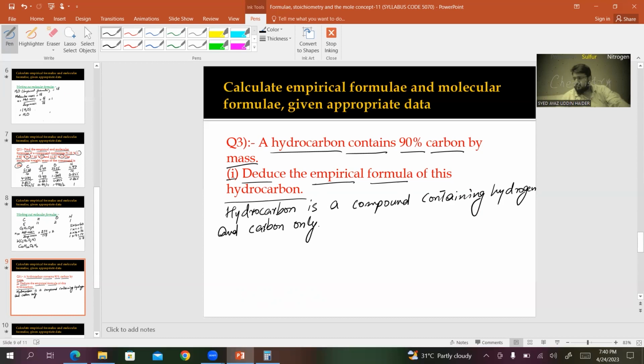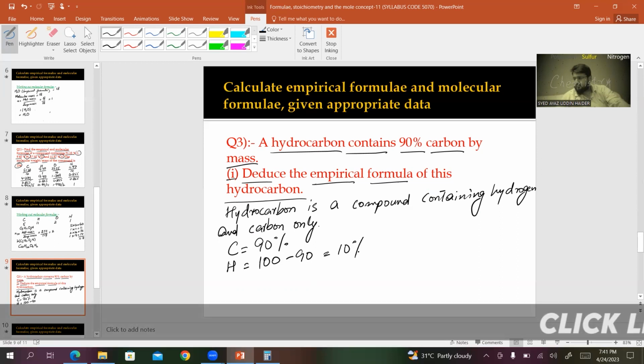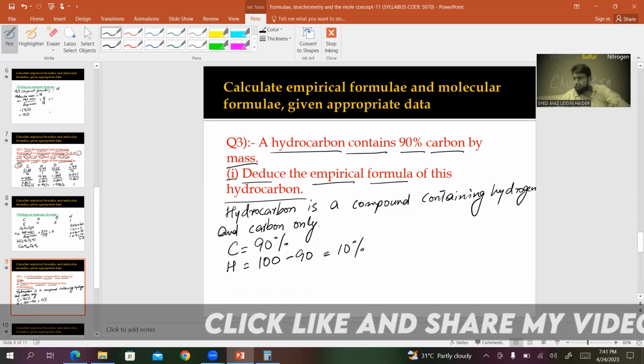So it means this hydrocarbon must contain hydrogen. We need the percentage of hydrogen in this compound. The percentage of carbon is given, just 90%. In order to calculate the percentage of hydrogen, we'll subtract this 90% from 100. We get 10%. So the percentage of hydrogen is 10.